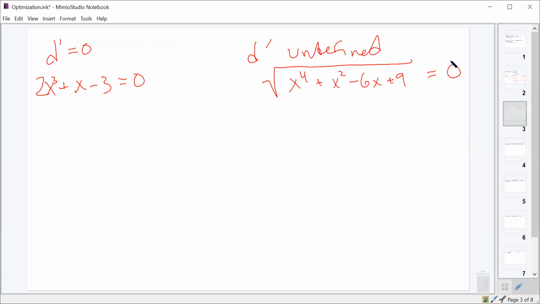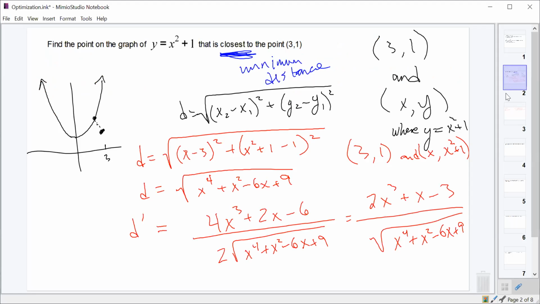Well, first off, let's think about what would happen if this was equal to 0. If the square root of x to the 4th plus x squared minus 6x plus 9 was 0, what does that tell you about the distance? If this denominator is equal to 0, then the distance must be 0 as well, right?